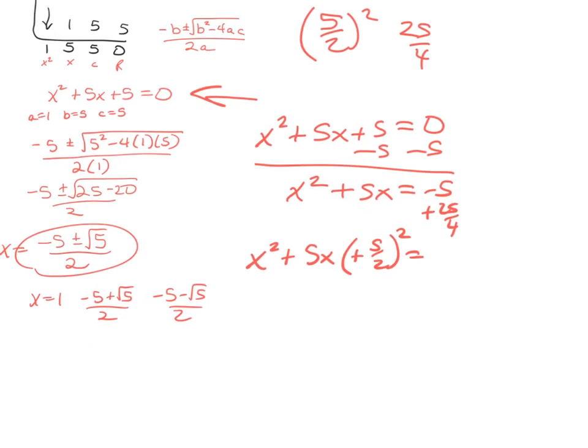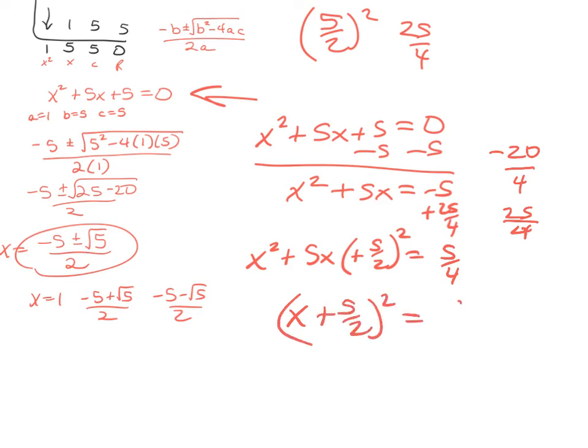I need to find a common denominator here. So this will become 20 over 4. So then this becomes 5 over 4. So then I factor this. Square root. Yeah, that's a 5.